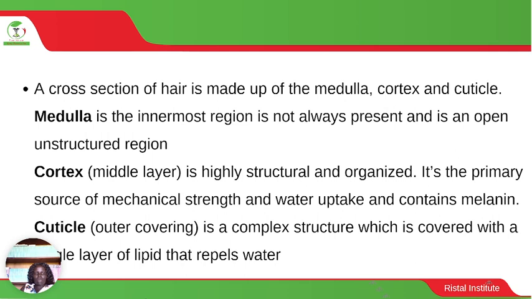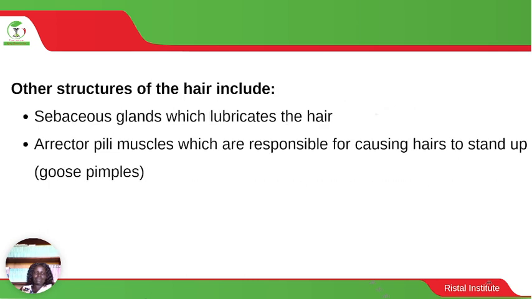It's the primary source of mechanical strength and water uptake and contains melanin. Then the cuticle is the outer covering, a complex structure which is covered with a single layer of lipid that repels water.